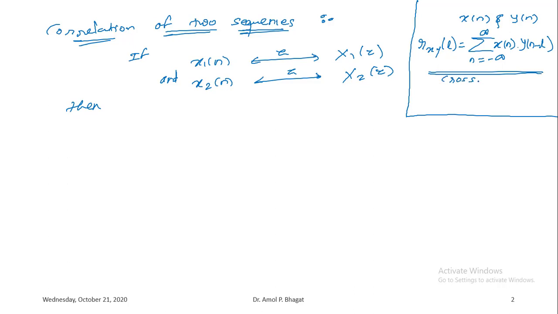So here, in place of x of n and y of n, we are taking x1 of n and x2 of n.